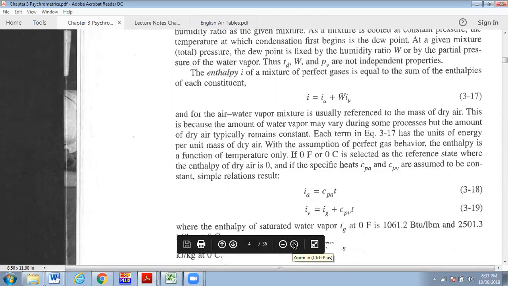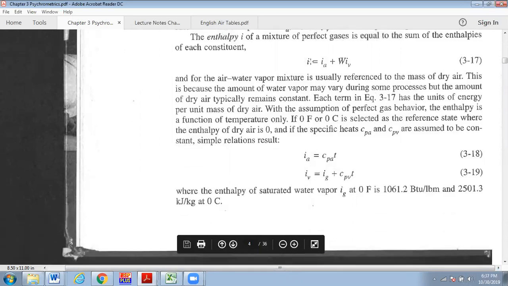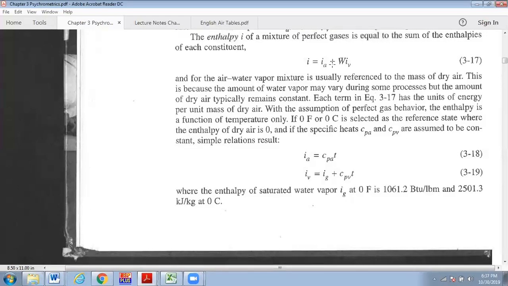So I think at the end of class we wound up with this expression for enthalpy. Again, we have a binary mixture, so it's dry air and water vapor. The I sub A is the enthalpy or the energy that's in the dry air.